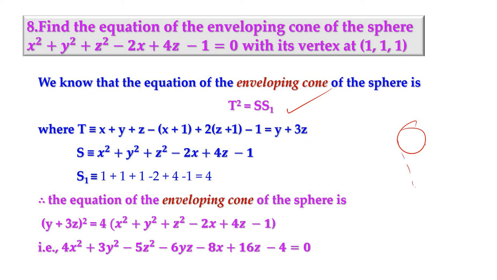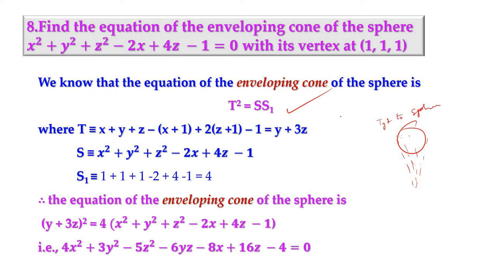So this is done already. You're drawing the tangent from the sphere, and then you have the equation to be t square is equal to s s1, where t is nothing but the equation of the tangent plane to the sphere.